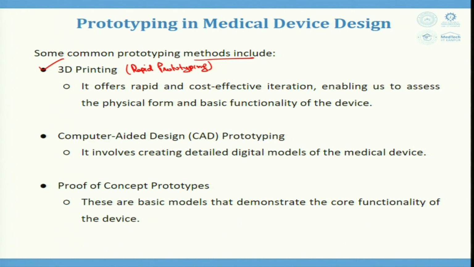Rapidly we scan something or design it on the computer and get a printout of that, and we get a 3D model and have a feel of the size, shape and what the product would look like. It offers rapid and cost effective iteration, enabling us to assess the physical form and basic functionality of the device.